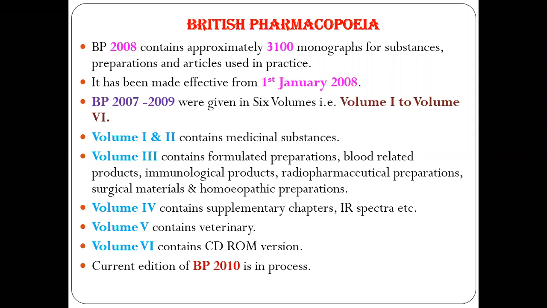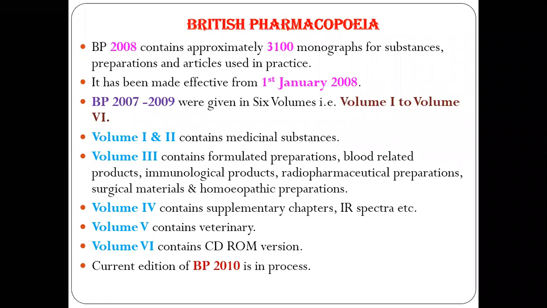The first and second volumes contain the medicinal substances information. The third volume contains the formulated preparations as well as blood related products, immunological preparations, radiopharmaceutical preparations, surgical material and homeopathic preparations. Then the 4th volume of the British Pharmacopoeia has the information regarding the supplementary chapters as well as the infrared spectra.